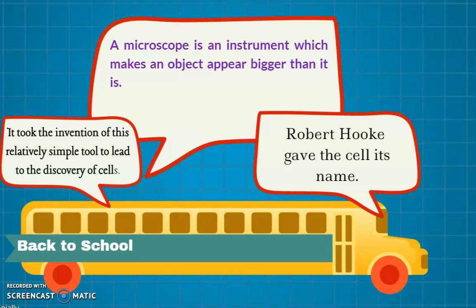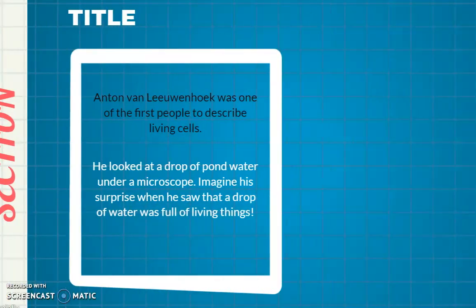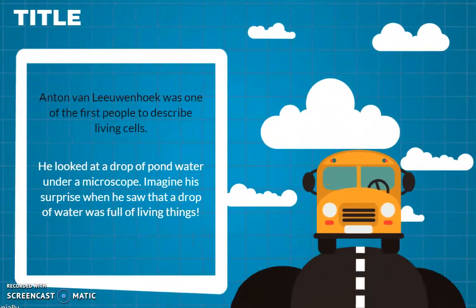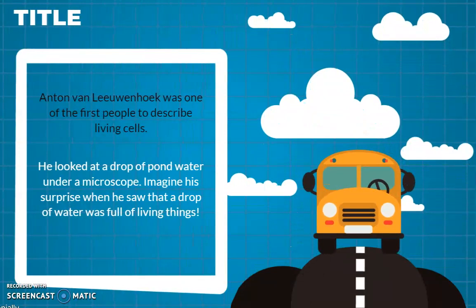To him, they looked like the rooms where the monks in the monasteries lived, which were called cells. That is why he named the cells cells. Okay, so he was the first one to observe dead cells.